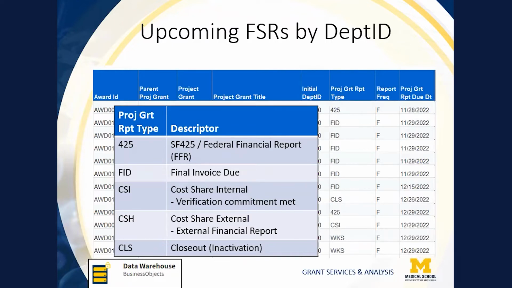If you're in the medical school, you know we have a huge NIH portfolio, so we do a lot of NIH final reports. It's going to tell you when FID or final invoice due reports are coming due, cost share reports, and then those closeout reports, which are the reports that you receive 270 days post FSR saying, hey, you should be inactivating your project. It's still sitting out there.